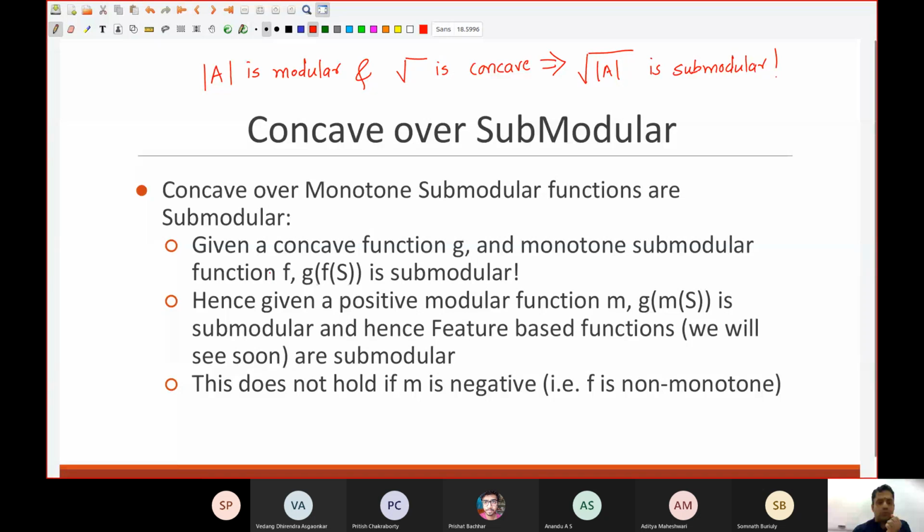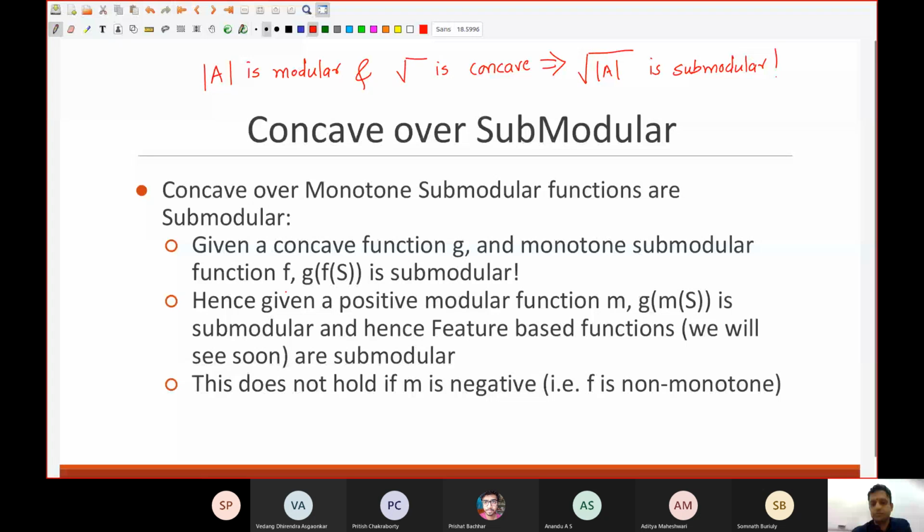Obviously, this is not limited only to modular functions. Given a concave function g and monotone submodular function f, then g of f of S is still submodular. So this also holds for monotone submodular functions.